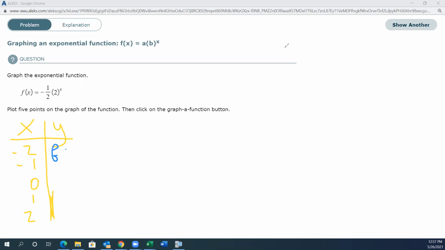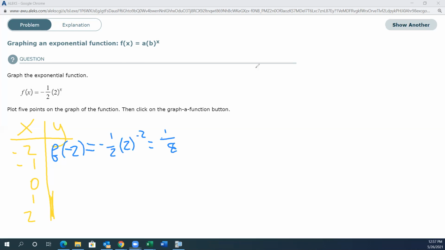So f of -2, looking for the y value, is going to be -1/2 times 2 to the -2 power, which is going to be 1/8 or 0.125. Okay. Cool.